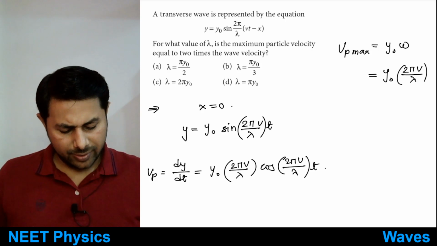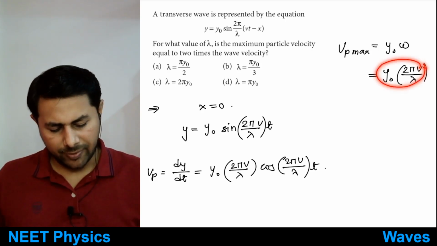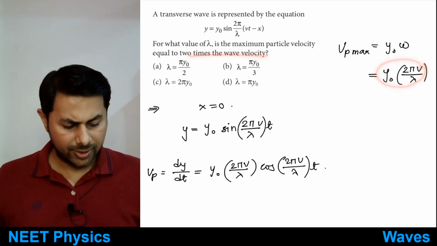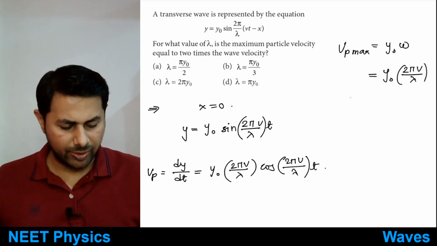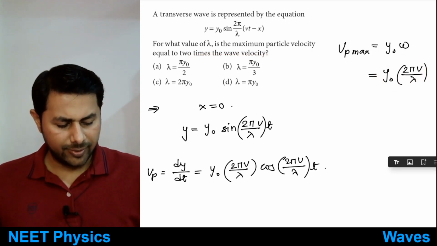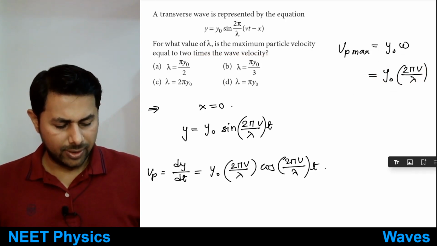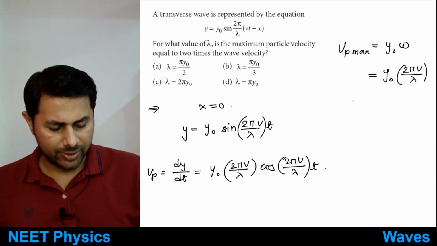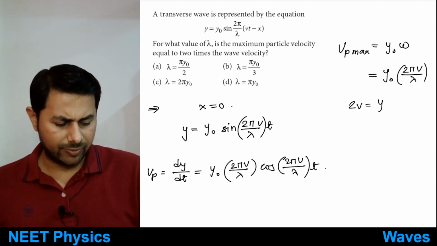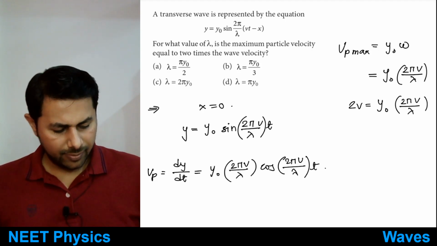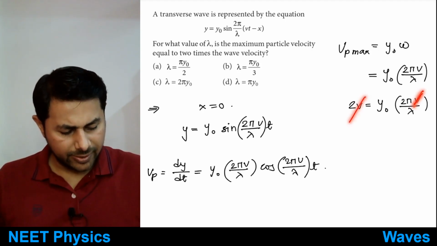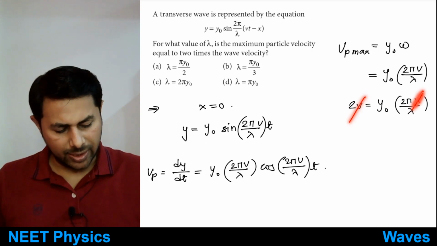And what's given? This thing is equal to 2 times the wave velocity. So 2v is equal to y naught multiplied by 2 pi v by lambda, and then v gets cancelled, and you want lambda.